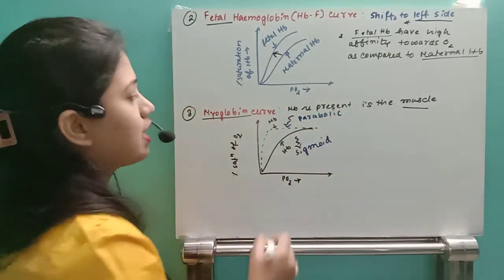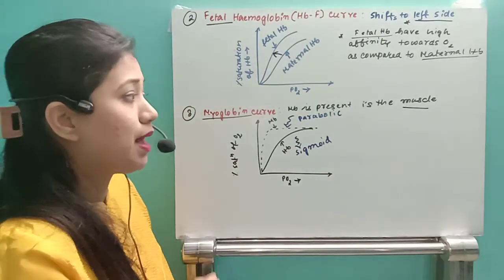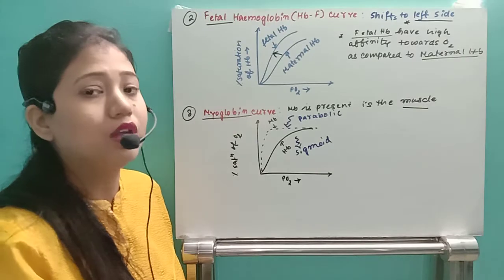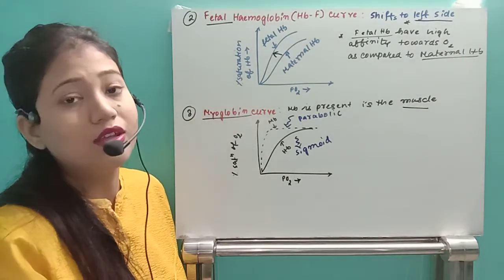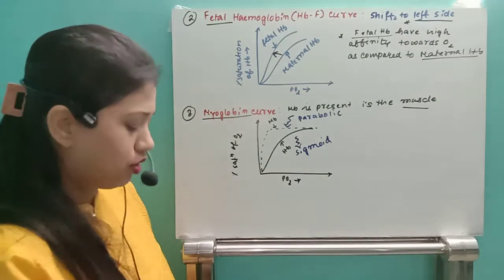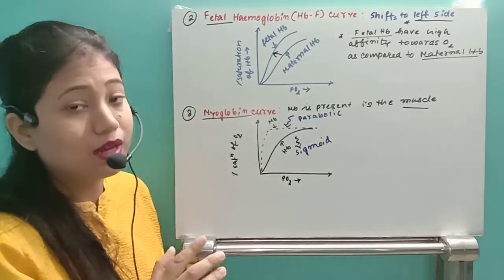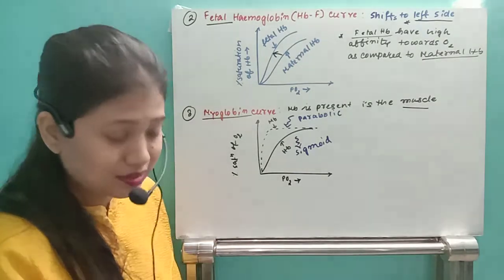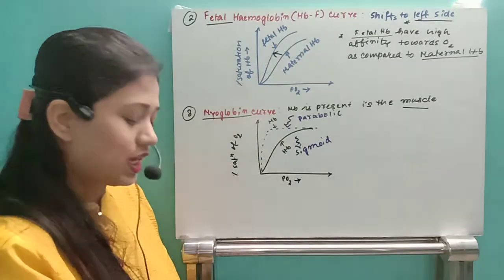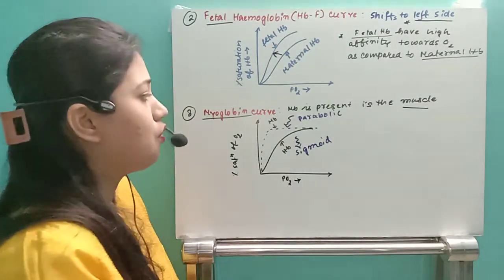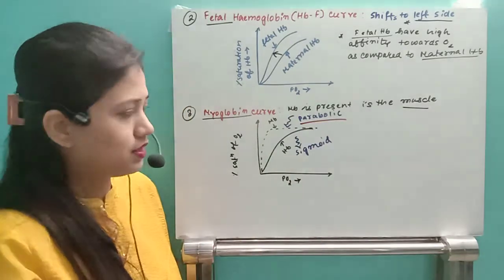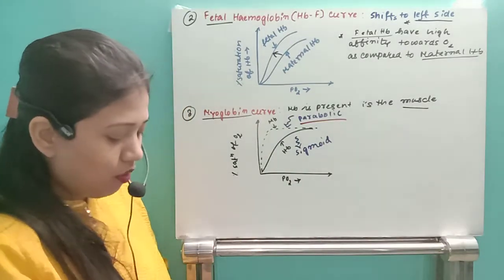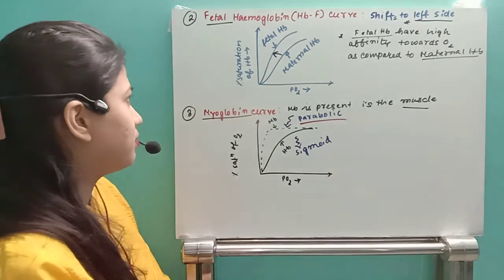So remember that the myoglobin curve is parabolic, as compared to the sigmoid or S-shaped oxygen hemoglobin dissociation curve. From here also, if a medical examination question is asked, only one question may be asked. What is that? What is the nature of the myoglobin curve? It is parabolic.